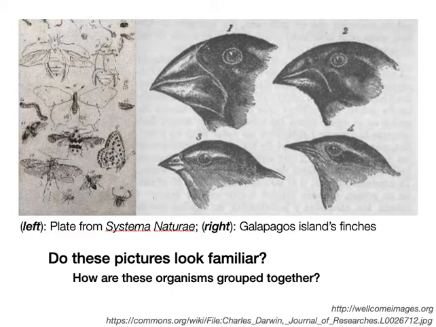So let's take the example of the finches. The character for this will be the beak, the type of the beak that the finches possess. The character states can either be pointed, short, wide, or, let's say this is narrow.